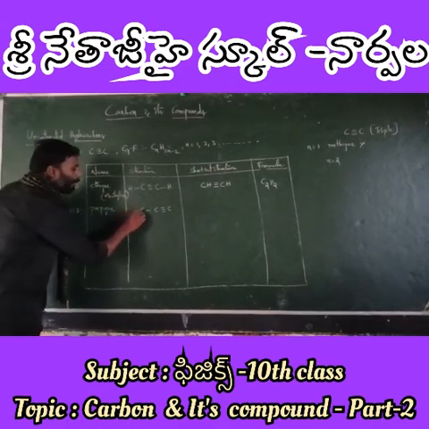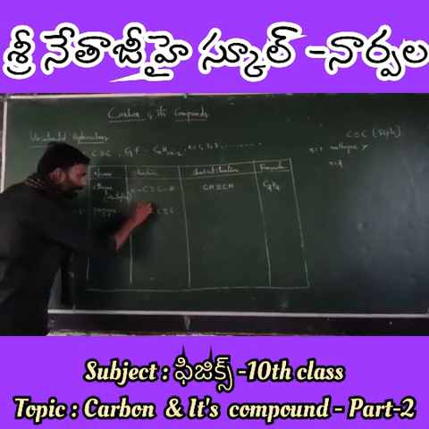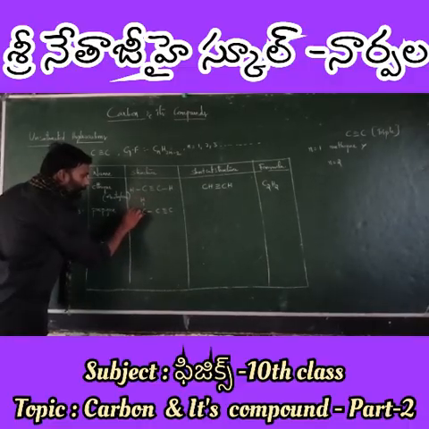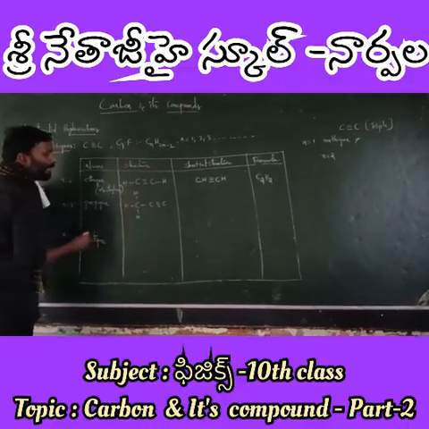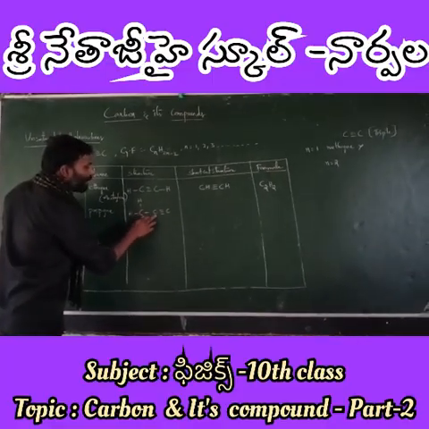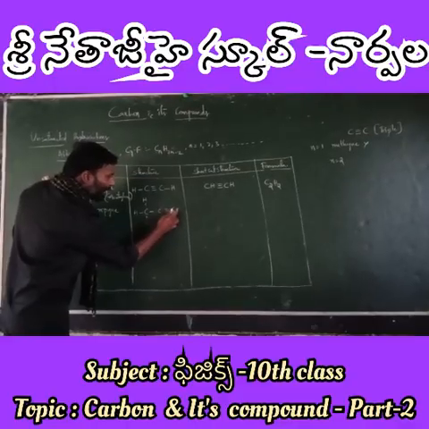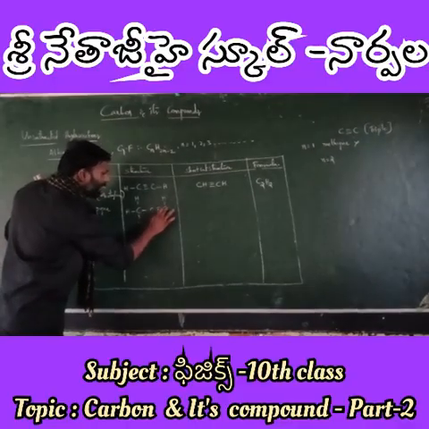Now, as per the rule, carbon should have tetravalency. So hydrogen, hydrogen, hydrogen, 4 completed. Here 3 plus 1, 4 is already completed. For this carbon, already 3 are there. So you can write anywhere.